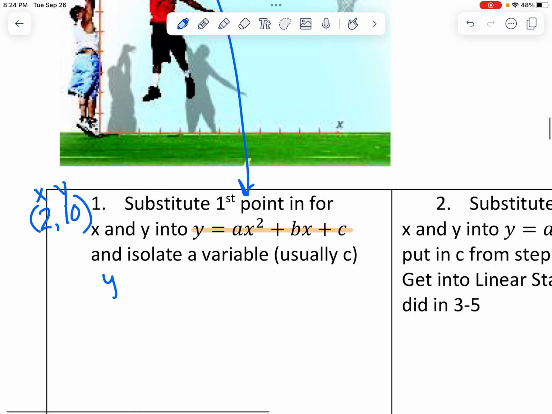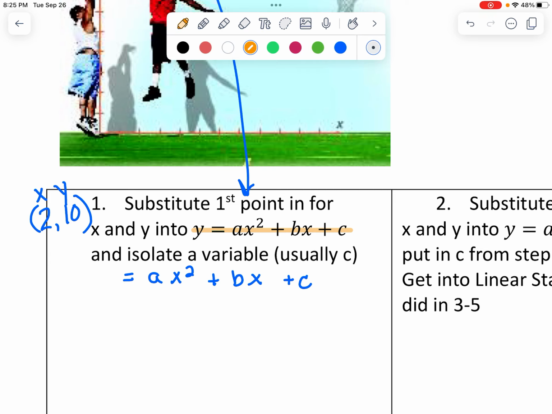So instead of y equals a times x squared plus b times x plus c, I am going to go ahead and erase my y and put in a 10. I'm going to replace my x with a 2. I will use parentheses because if it was negative, it makes a really big deal.